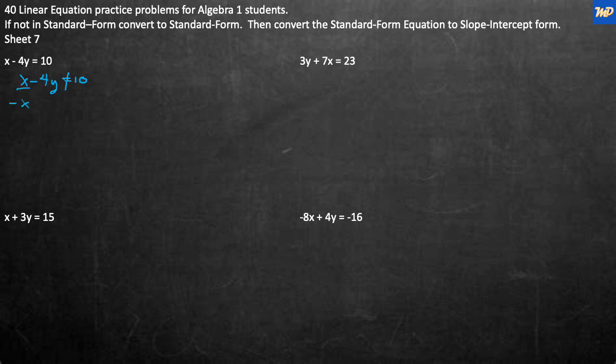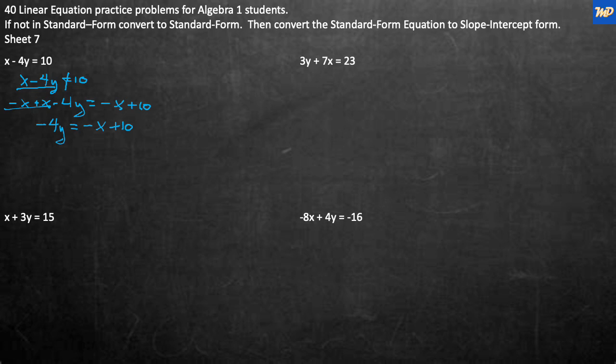And then I'm going to write this entire side of the equation, plus x minus 4y is equal to, I'm going to put the minus x in first, and then bring down the plus 10. Now the x's disappear, and we have -4y is equal to -x plus 10.